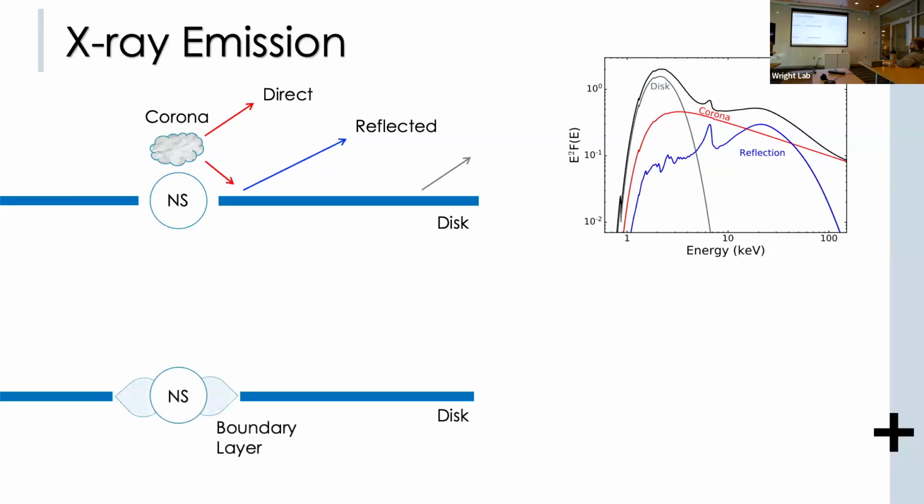But in these systems, because the neutron star has a surface, we can also have emission from either the neutron star itself, which is thermally driven, or perhaps there's a boundary layer region, which I'll talk more about later, between the inner edge of the accretion disk and the neutron star surface that emits in the form of a thermal component. So this thermal component can also irradiate the disk, be reprocessed and re-emitted.